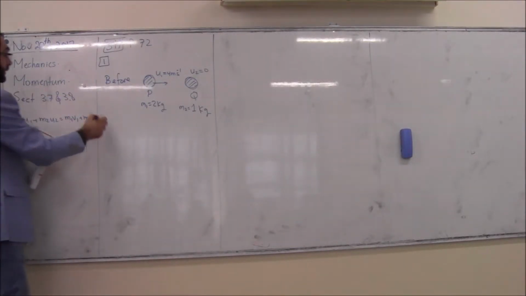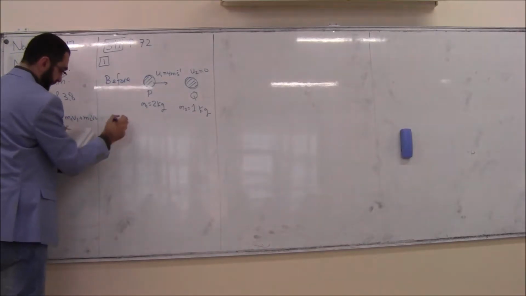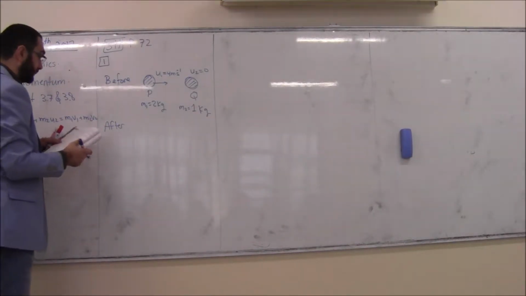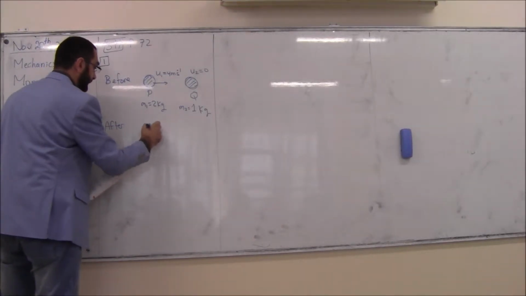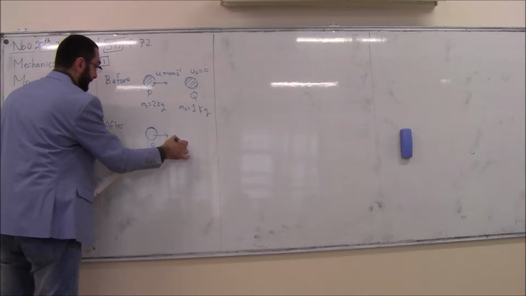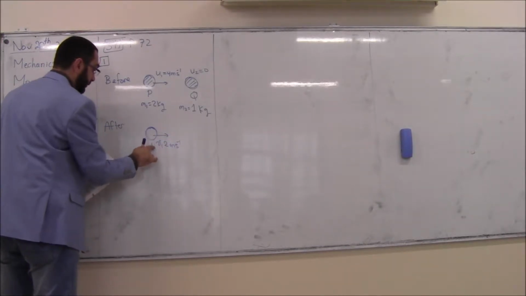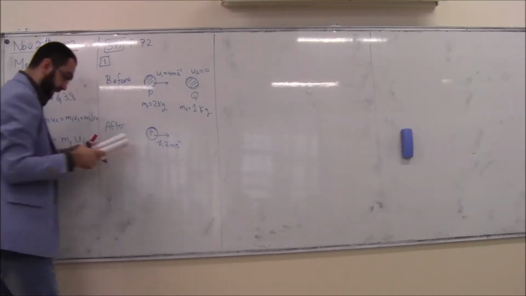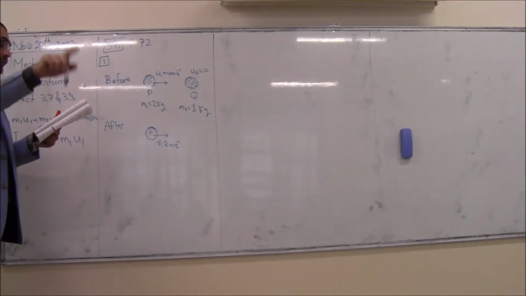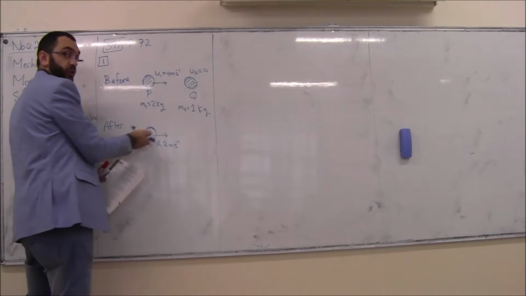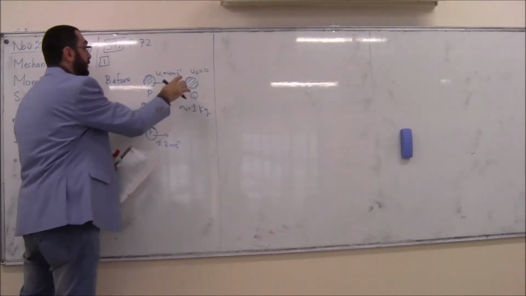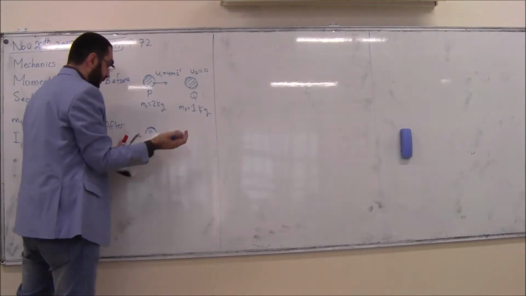After the collision, P has a speed 2 meters per second, which is V1, and it continues to move in the same direction. Find the speed of Q after the collision.